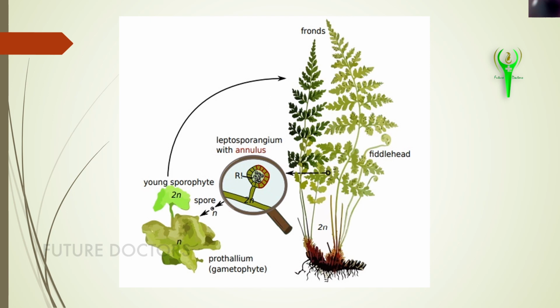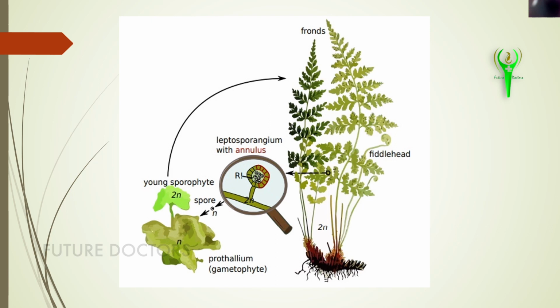And the sex organs: the gametophytes bear male sex organs called antheridia and female sex organs called archegonia, which are surrounded by a single layered jacket. Archegonium is flask shaped. It is partially embedded.